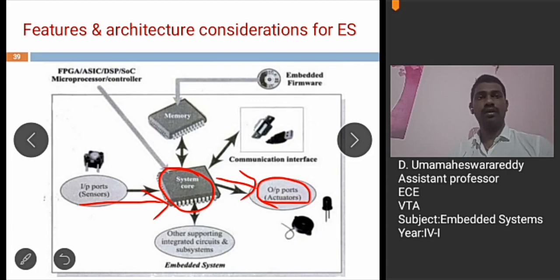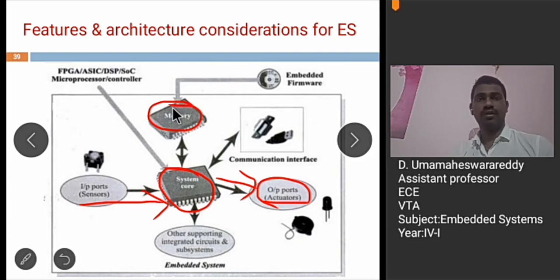Then, coming to the memory elements, there are two types of memories. One is a temporary memory, another one is a permanent memory. Permanent memory is called non-volatile memory. Generally, ROM is called a permanent memory. It means it retains the contents when power is removed. Although there is no power, the ROM can hold the data.